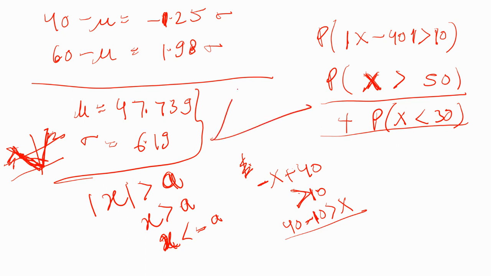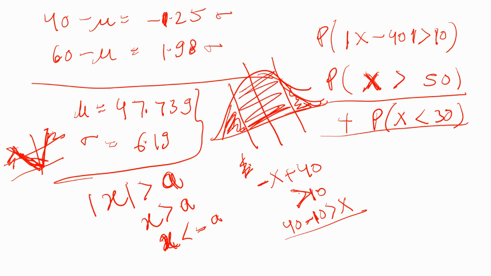So if you see this plot, x is greater than some value or less than some value. That means if we subtract this from 1, then we can get this portion and this portion. So it will be 1 minus the probability that x is in between 30 to 50.